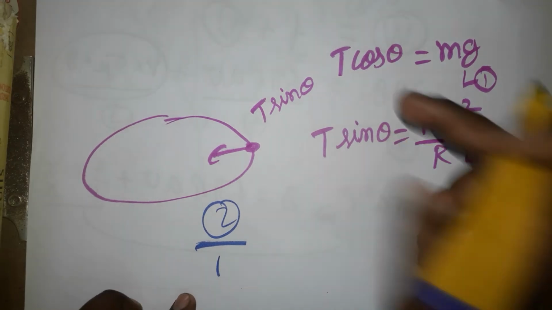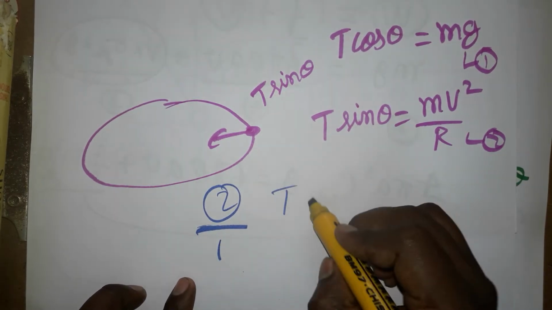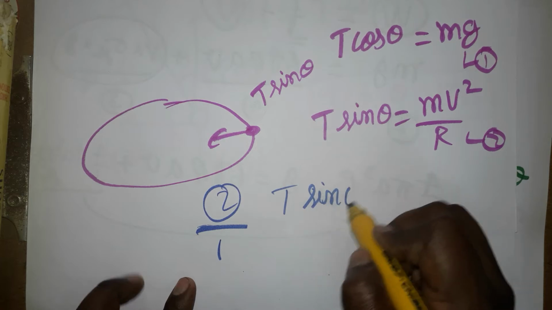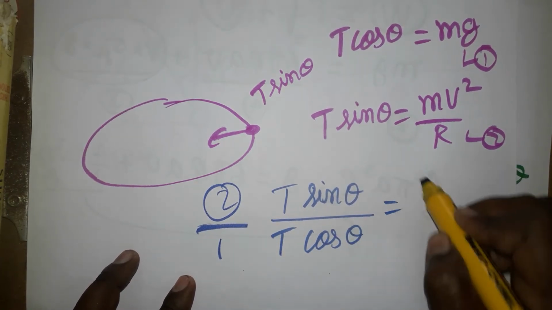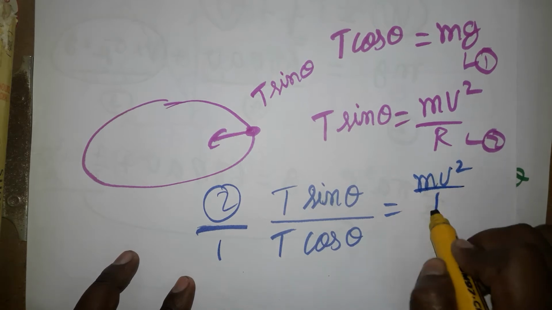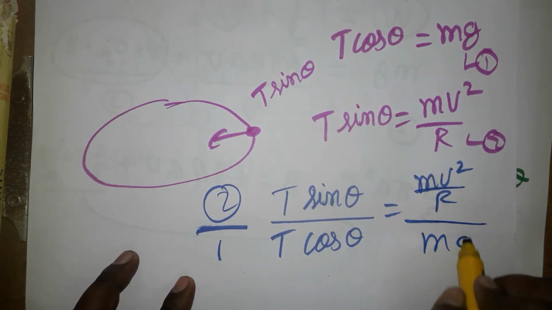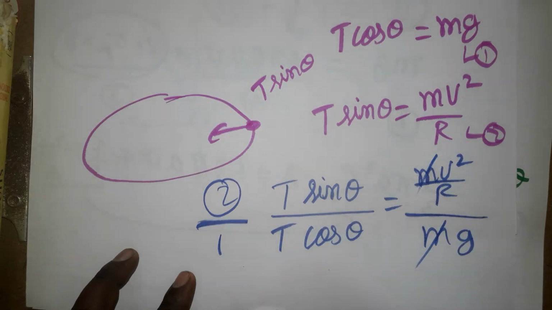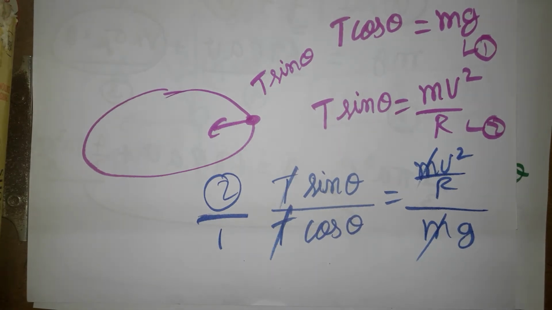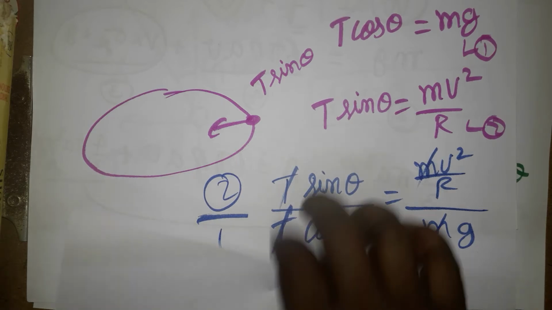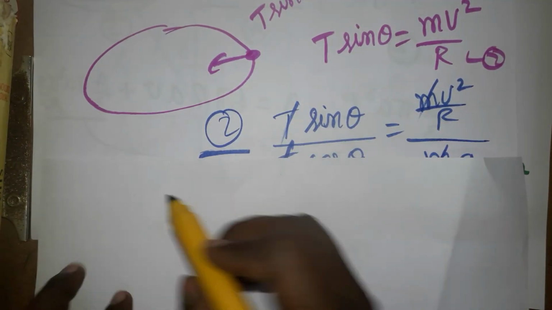Because sin by cos we can get tan. So T sin theta divided by T cos theta is equal to mv squared divided by r, divided by mg. The m gets cancelled, and T gets cancelled. Sin theta divided by cos theta gives tan theta. So this is going to be tan theta.